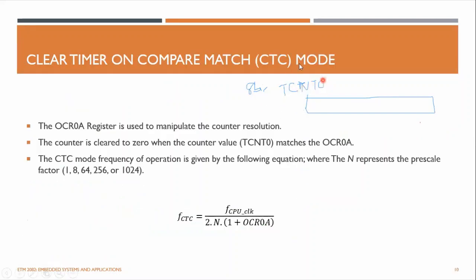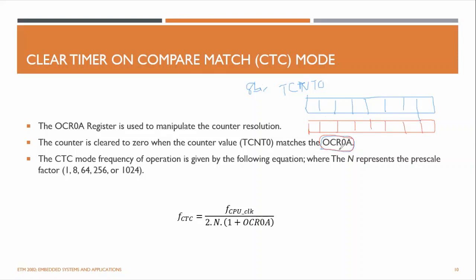So the 8-bit TCNT0 timer register is this one. And you have another register called OCR0A. It's also an 8-bit one. The thing is that for OCR0A, you can assign a preset value.